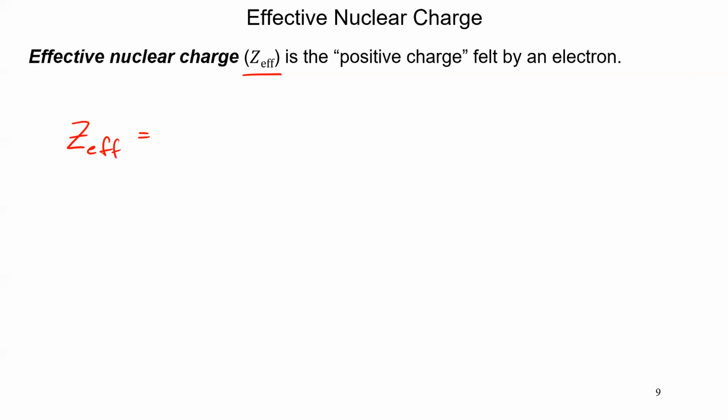Z effective has a formula for us, and it's a pretty straightforward formula. It's just Z, that number of protons, that atomic number, minus sigma. Remember, Z is the number of protons. Sigma, we call this a shielding constant.